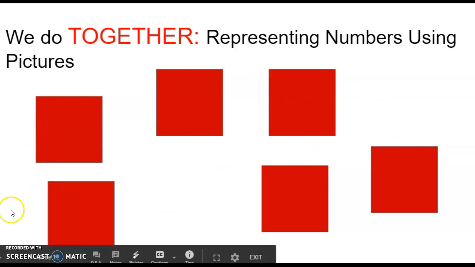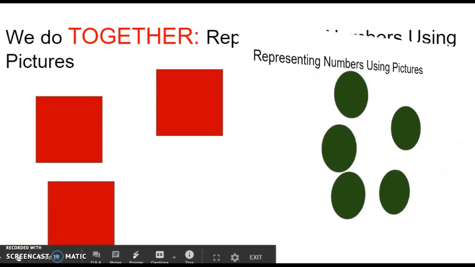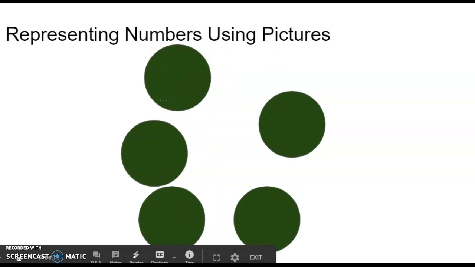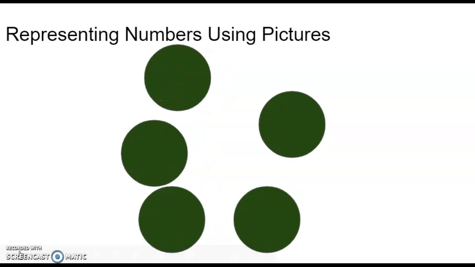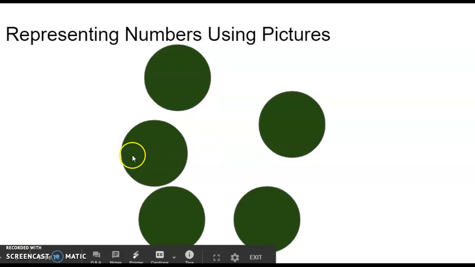We have 6 squares. What about these circles? How many circles are we representing here? Give you a couple of seconds to count. 1, 2, 3, 4, 5. We have 5 circles that we are representing.